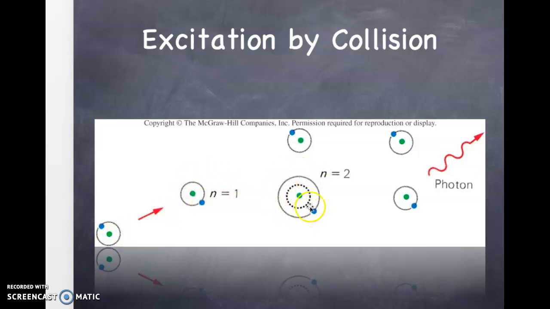This one is thought to be in an upper level, the n equals 2 state. The electron is farther from the nucleus in a larger orbit, and it's in an upper level state. Here, the electron has been moved from the ground state to the upper level state. And in this rendition, the electron has come back down to the lower level state with the emission of a photon.